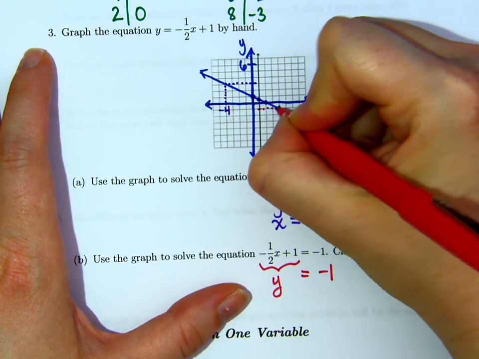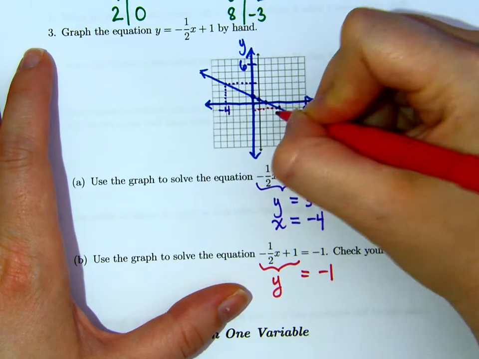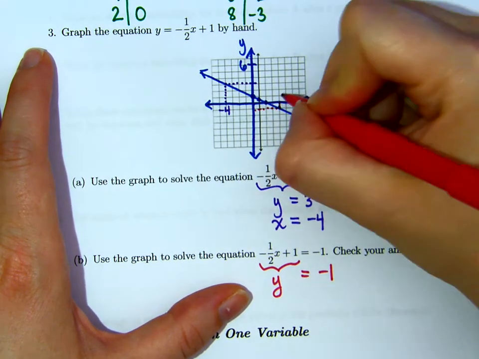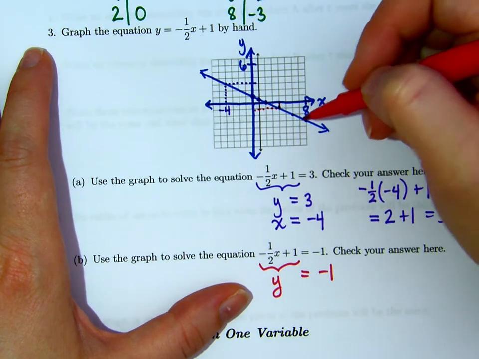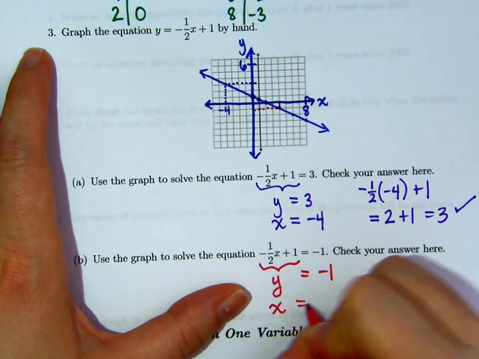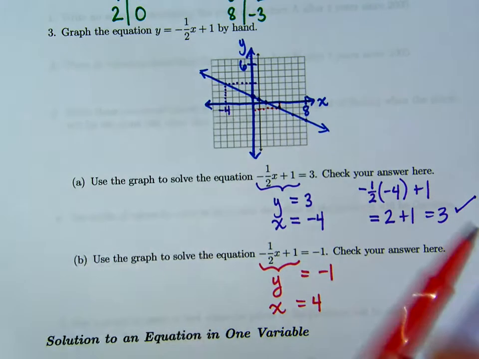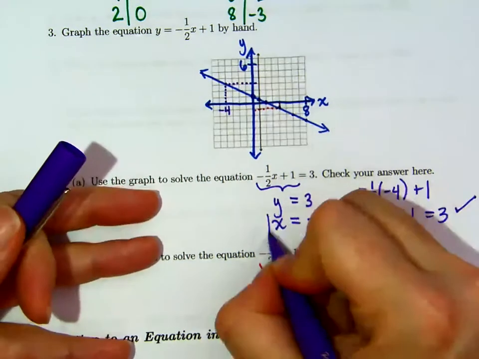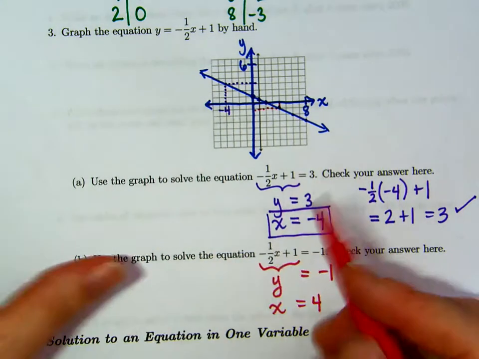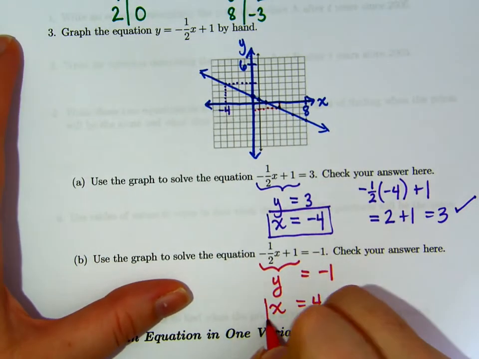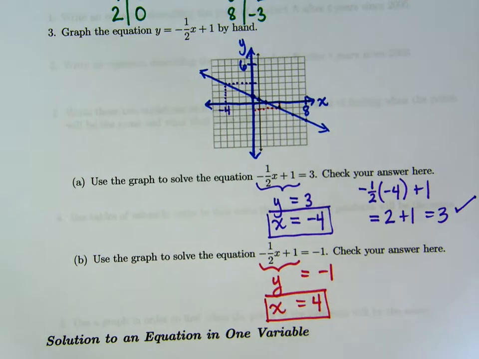I'm going over here to the graph of the line, and then up here to see what the x is. 1, 2, 3, 4. Oh, I better circle the solution so that we don't get mixed up here. My guess is that the solution to this equation is that it's truly equal only when x is 4.